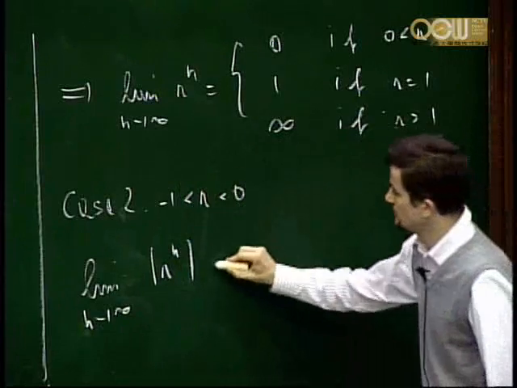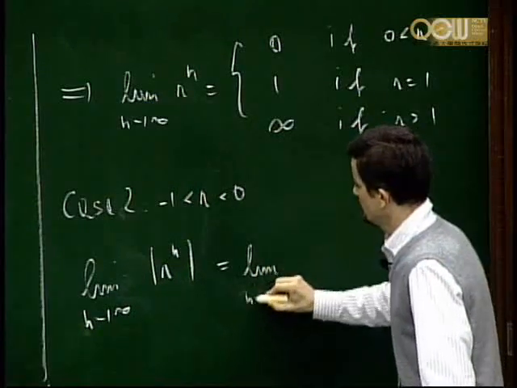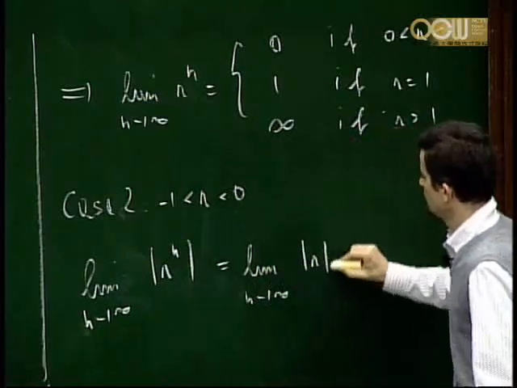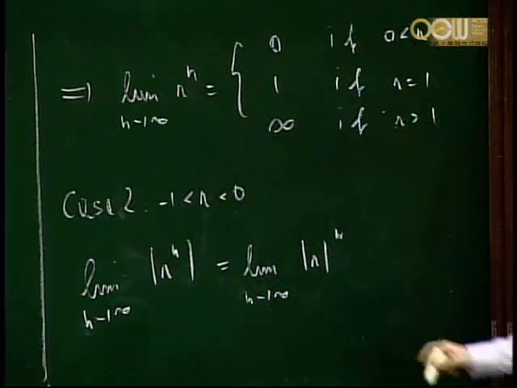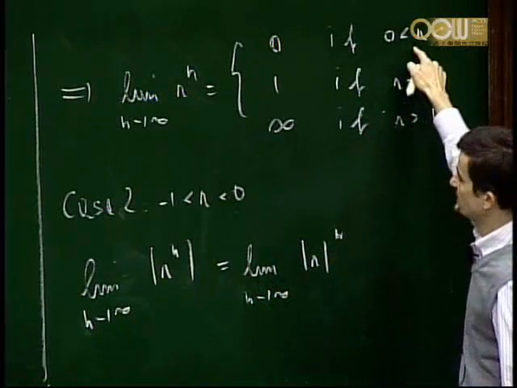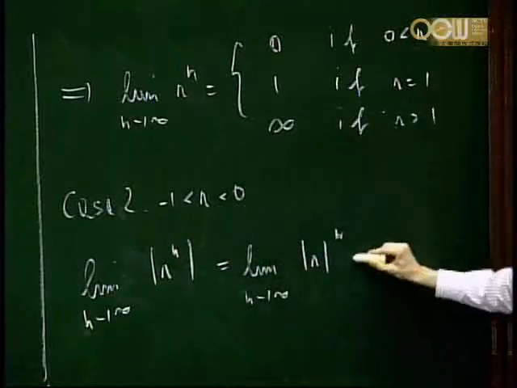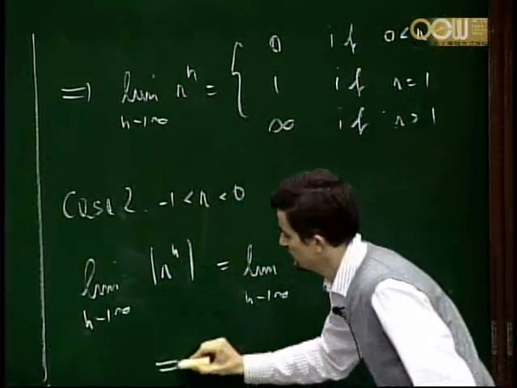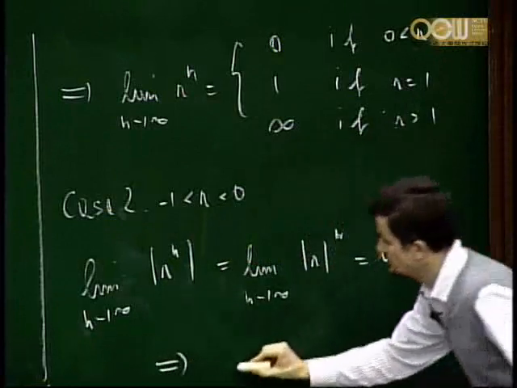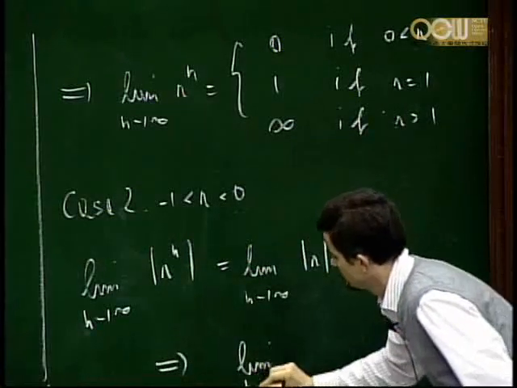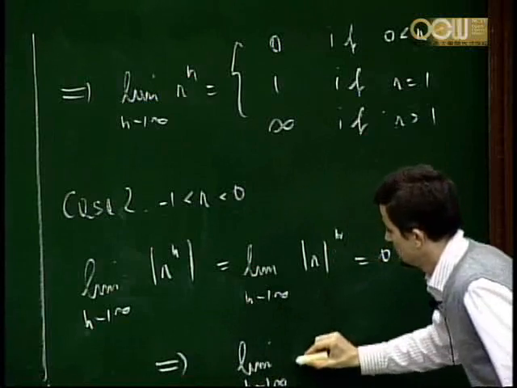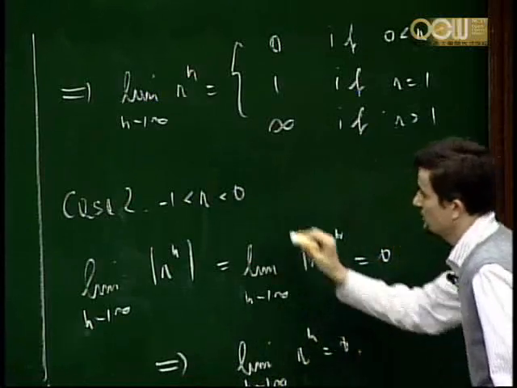So this is the limit as n tends to infinity of the absolute value of r to the n. And this corresponds to this case here, because if r is between minus 1 and 0, you take the absolute value, you are here, so what you get is 0. And using one of our results before, this will imply that the limit as n tends to infinity of r to the n is equal to 0, also in this situation.